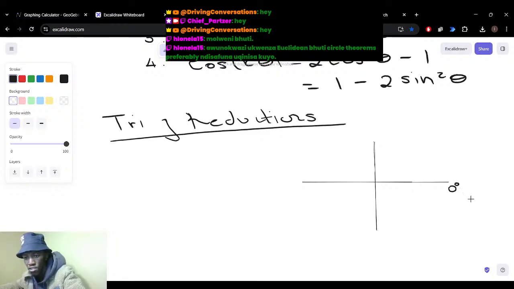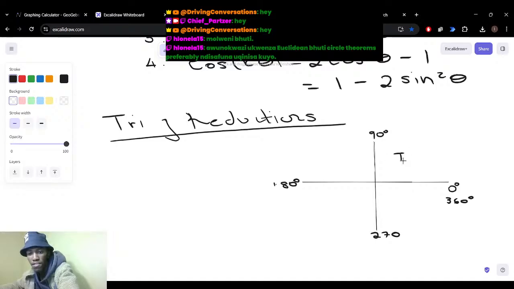So 0 degrees, 90 degrees, 180 degrees, 270 degrees, 360 degrees. So basically the input is theta.